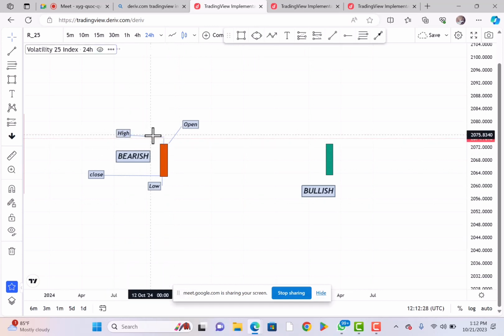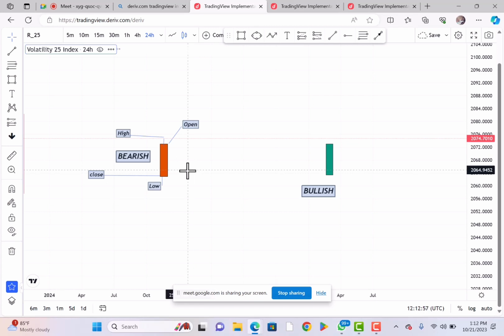But after they pushed price to this high, the bears, which are the sellers, came in and began to push price back to this opening price. That is the reason we have this tiny wick. This tiny line, which I call wick or rejection, is like the footprint of their battle.